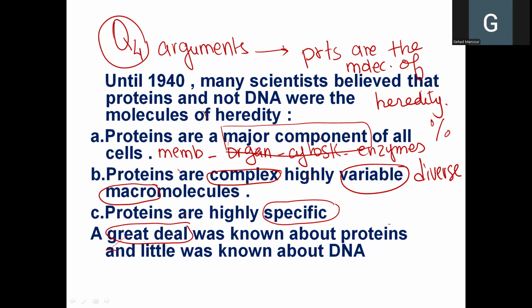So there are five reasons that made the scientists think that proteins might be the genetic material. The first is that they constitute the major component of molecules inside the cell. They are very diverse, very complex, very large molecules, very specific, and we know much more about them. They knew very little about DNA at the time.